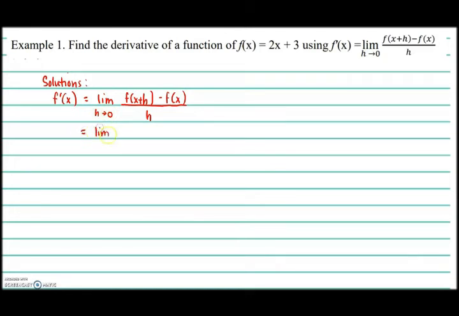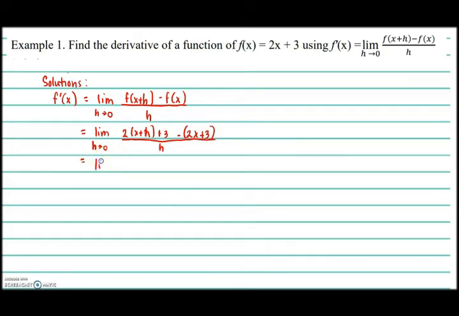So the limit of 2 times (x plus h) plus 3 minus (2x plus 3) all over h as h approaches 0.